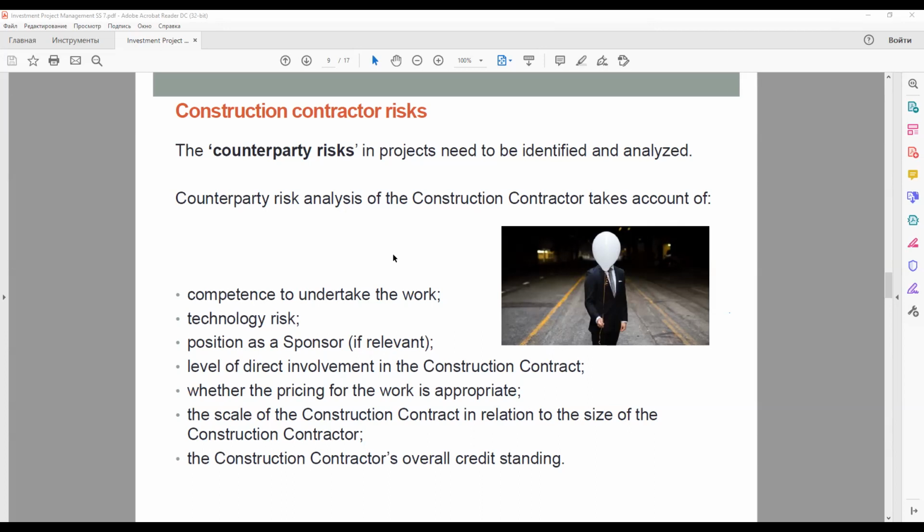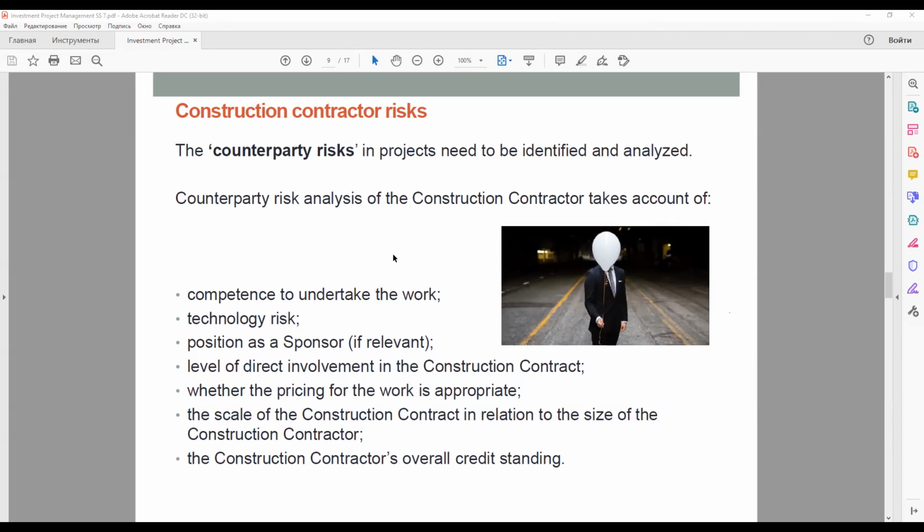Scale of construction contract. The construction contract should not be excessively large in relation to the construction contractor's other businesses, as otherwise there is a risk that if the construction contract gets into trouble, the construction contractor might not be able to deal with such problems because of their financial effect on the business as a whole.